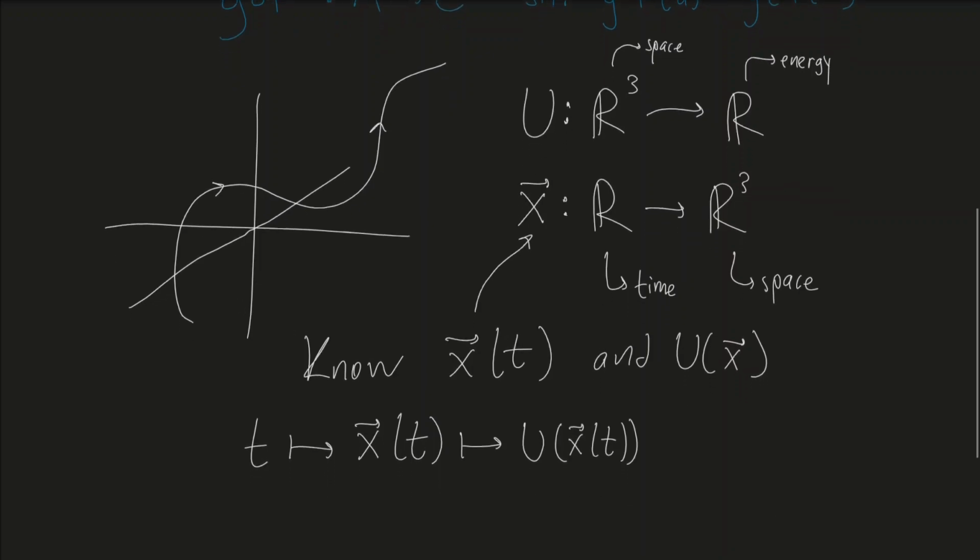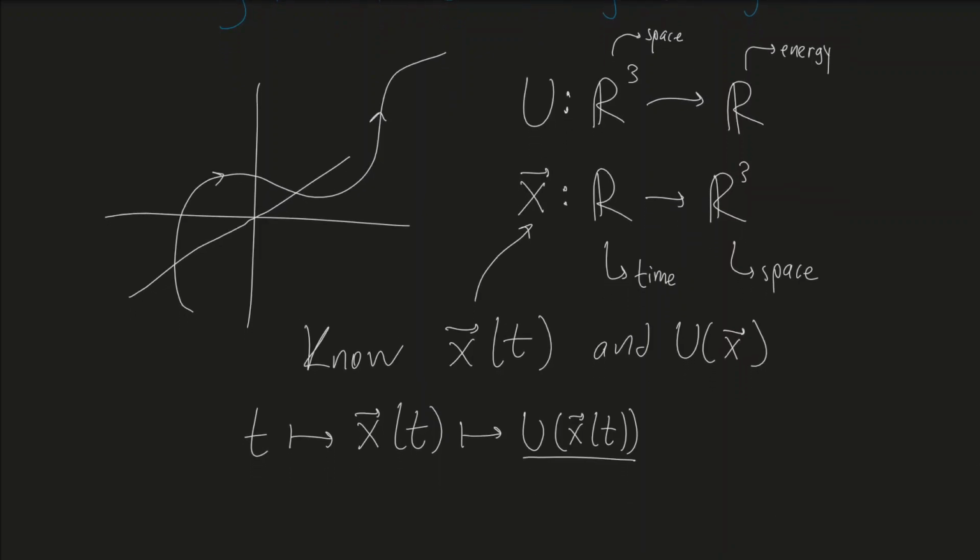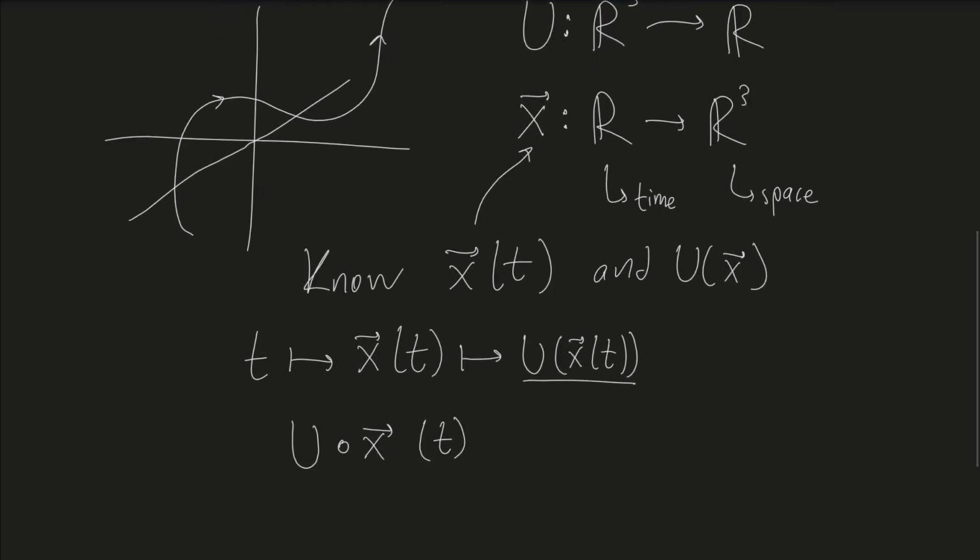Well, if you look at what this is, it's exactly the potential energy composed with our position as a function of time, just evaluated at time t. So what we're looking for, the function that is the potential energy of the particle over time, is exactly u composed with x.